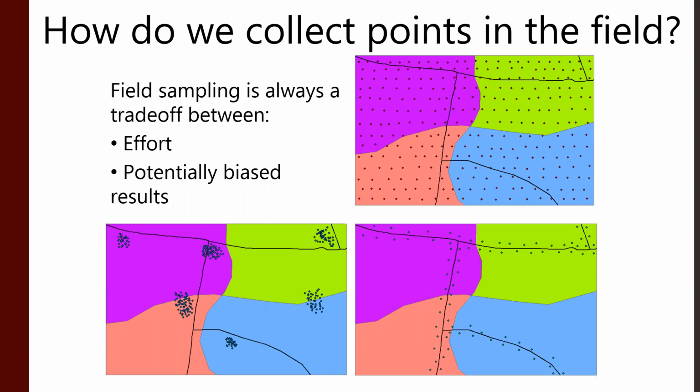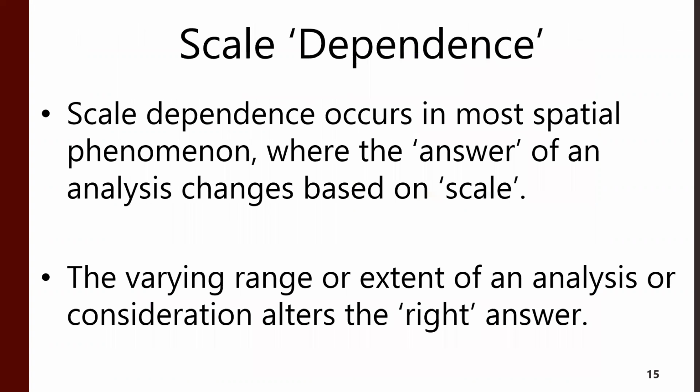And that's where spatial statistics tools can be helpful for us. Because we also have to think about scale. We also have to think about how much or how little we're looking at. We'll continue that chain of thought in the next video.